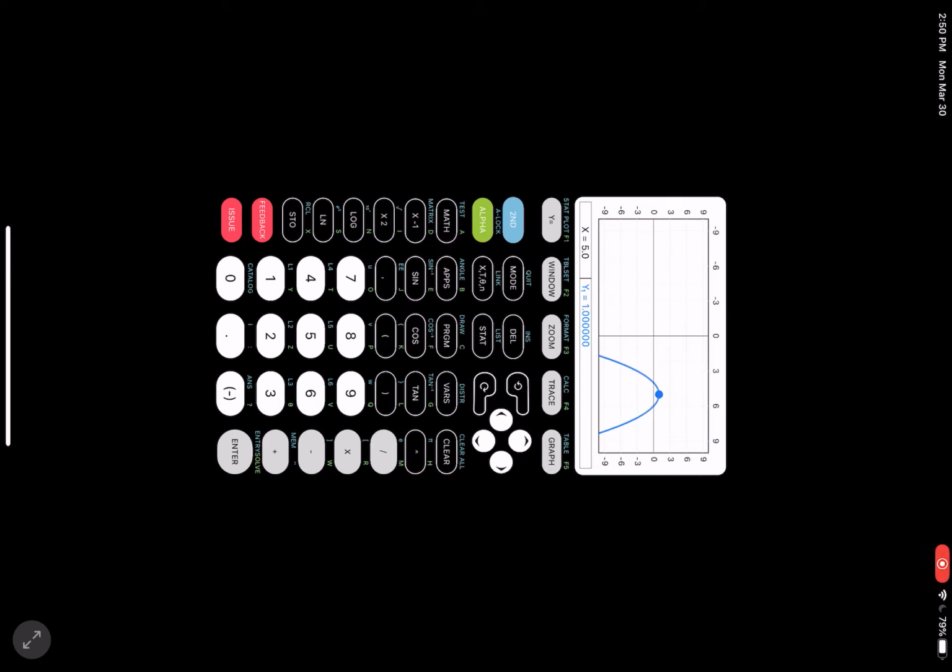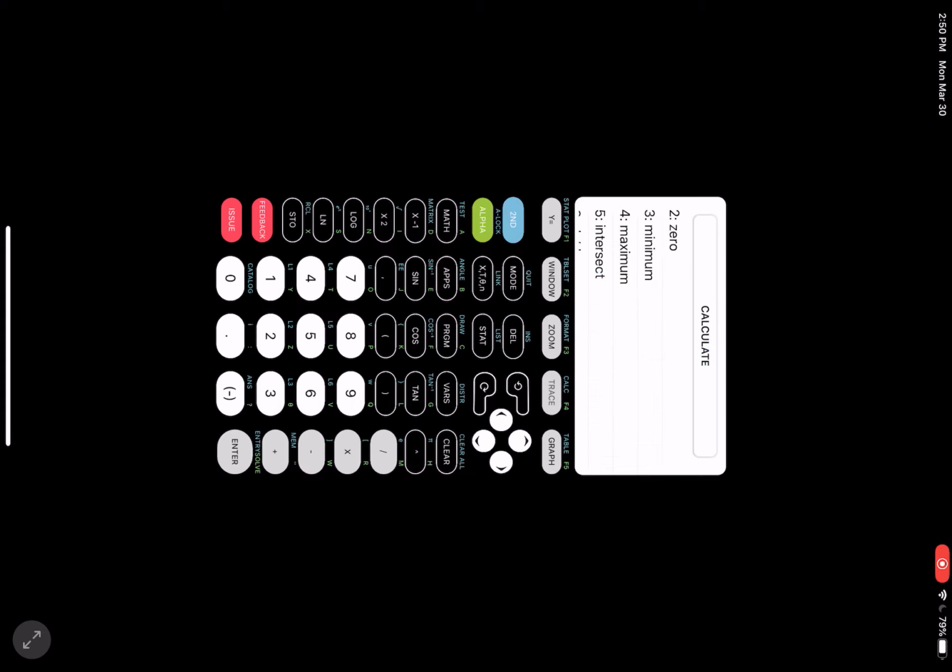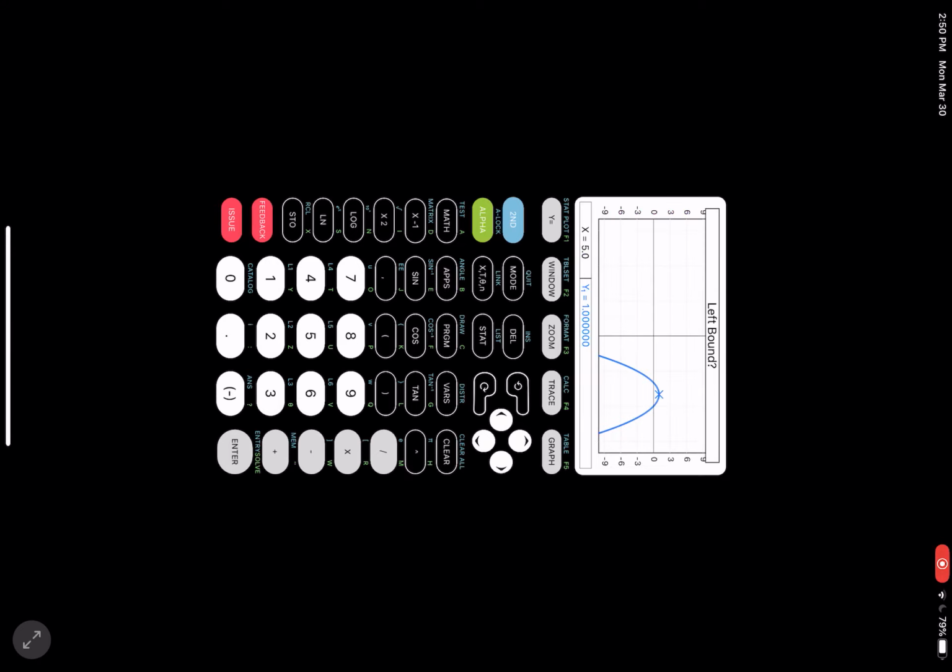Okay? So you'll see this, and this does look a little bit different than the graphing calculator I was using in class, just because it's a different app. So we want to find the x-intercepts. So I hit second trace to go to calc. Remember, x-intercepts are called zeros as well. So I'm going to go down and hit zero, hit enter on that. Left bound. So I'm going to move that spider to the left of the x-intercept, and I hit enter.